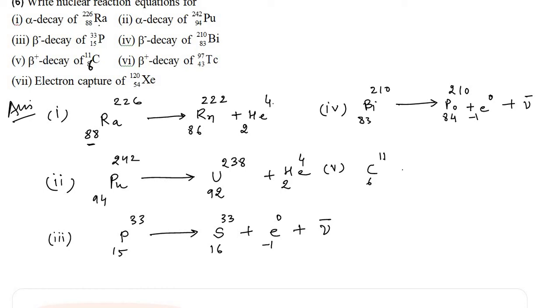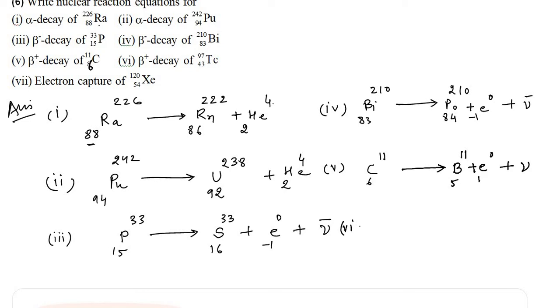From this, beta plus means a positron comes out from it, and along with the positron a neutrino is emitted. When the positron is emitted from carbon, its atomic number decreases by 1. So carbon changes to boron, and there is no change in atomic mass.